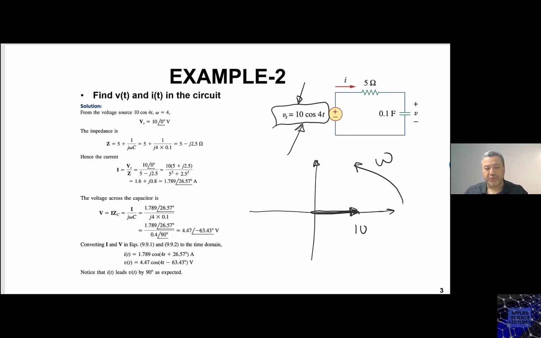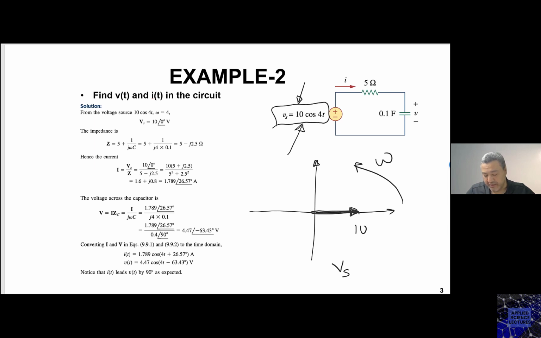Which means that for me, the whole circuit will have the time frozen, and what is important to me is the amplitude and the phase. So for me, this signal, if I go to the frequency domain and represent it in phasor representation, it is enough to take only the amplitude.